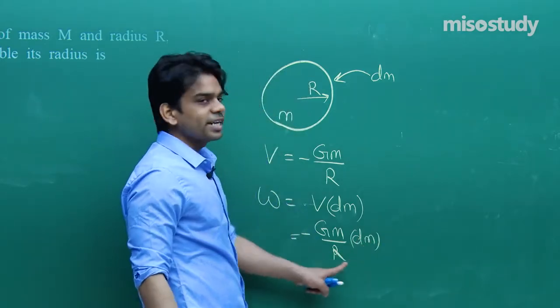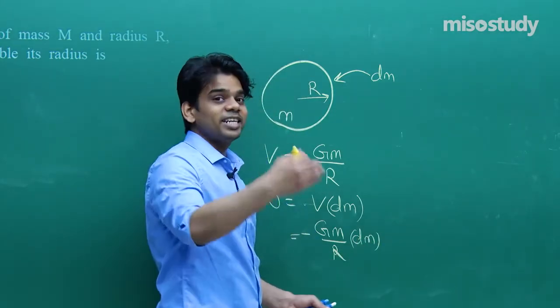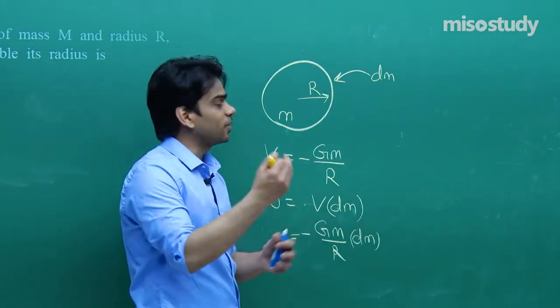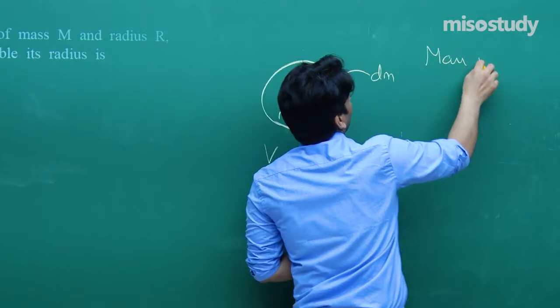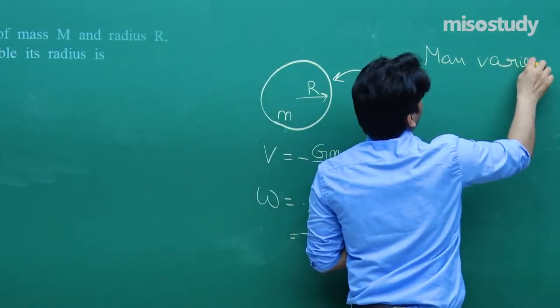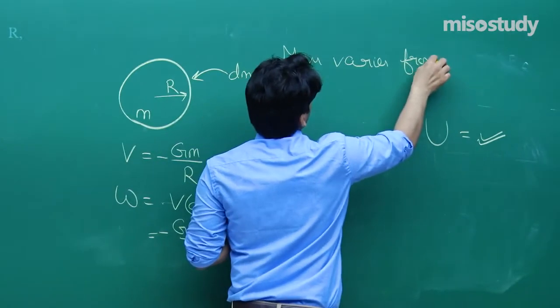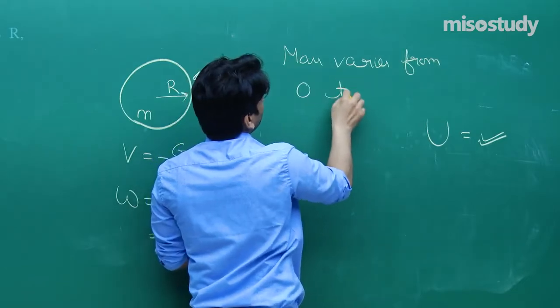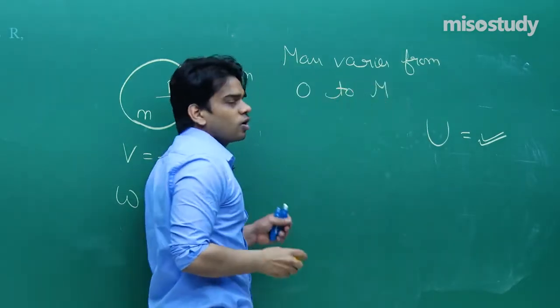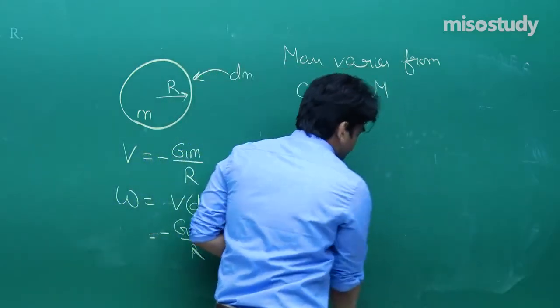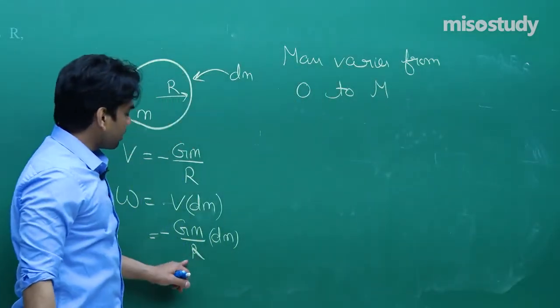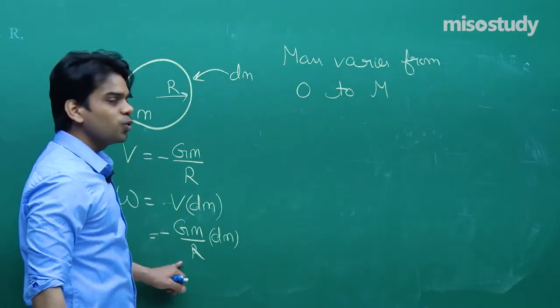Then you integrate this to find the net work done when the entire mass is increased from 0 to capital M. Mass varies from 0 to capital M. Just simply integrate the same function, minus Gm by r dm, from 0 to capital M.